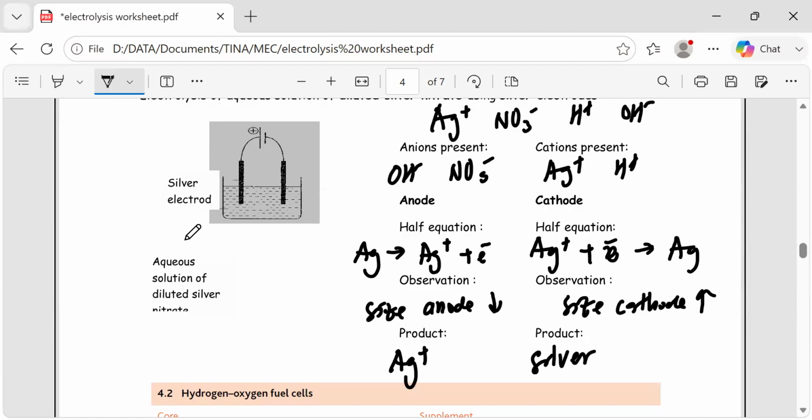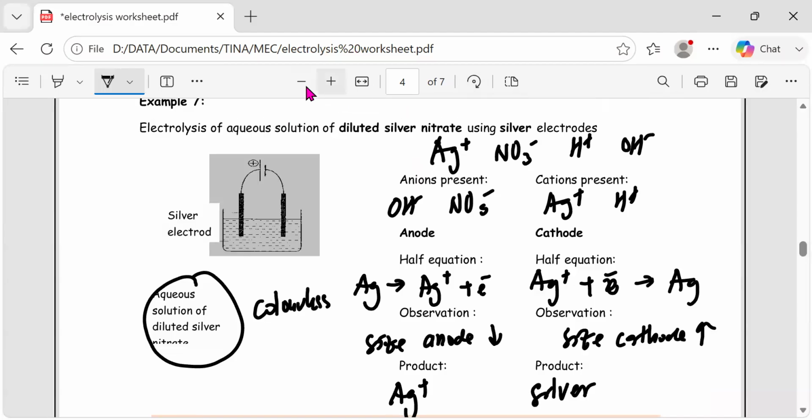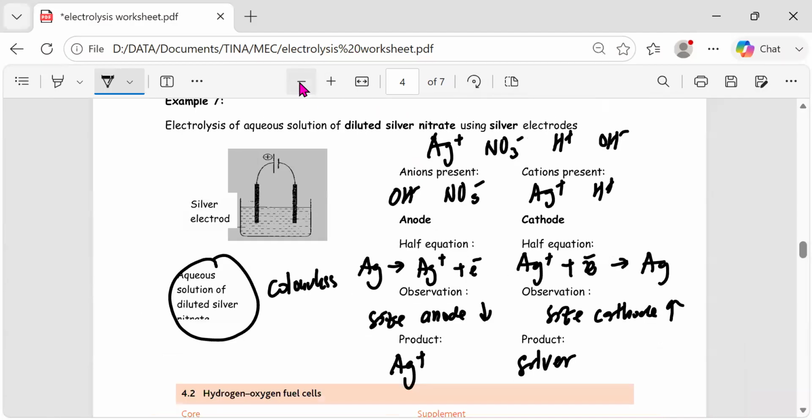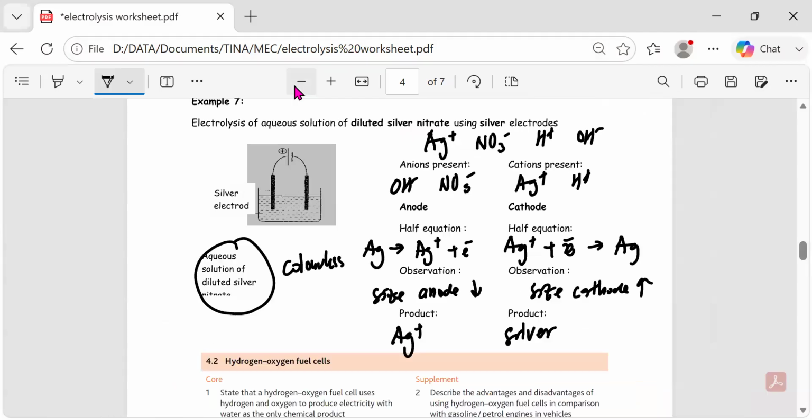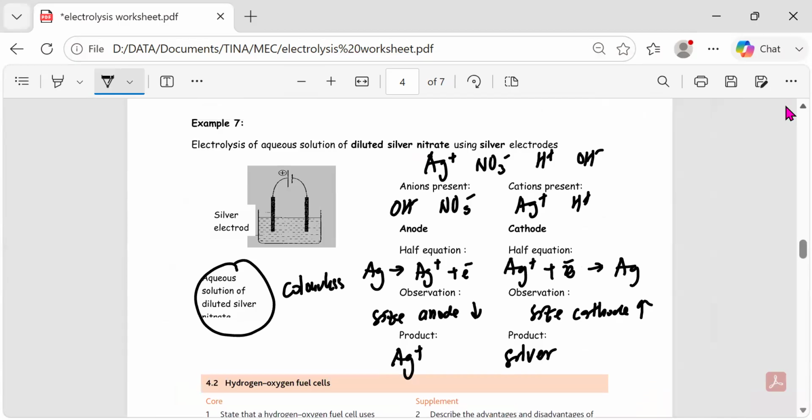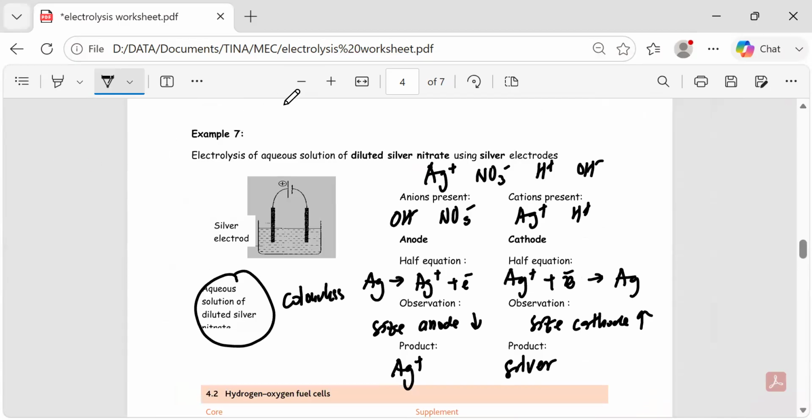Now, this solution is colorless, so there will be no color change, nothing. Now, what if I have a metal spoon?